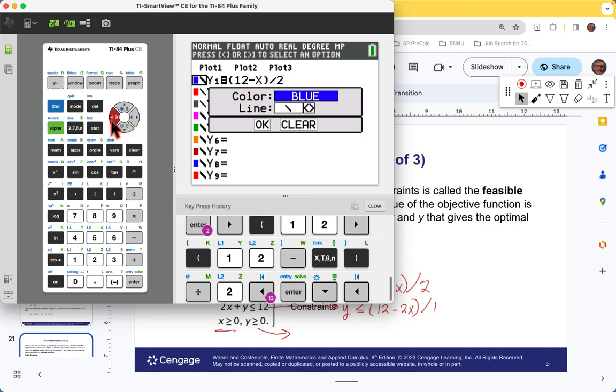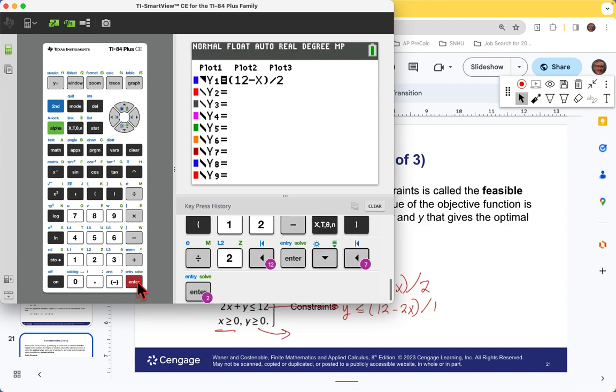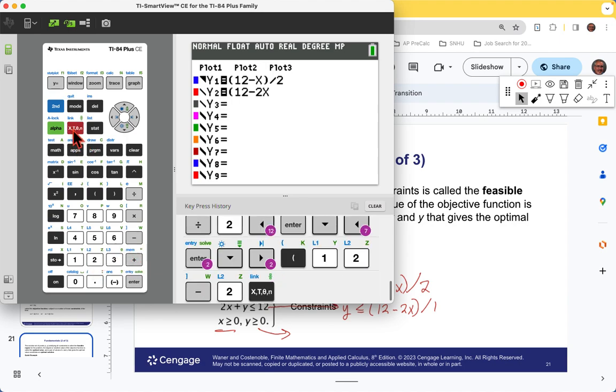So actually I think it was the correct one. You're going to change them anyway. And then the next one was parentheses 12 minus 2x divided by 1. And again, you could leave that off and that'd be okay.